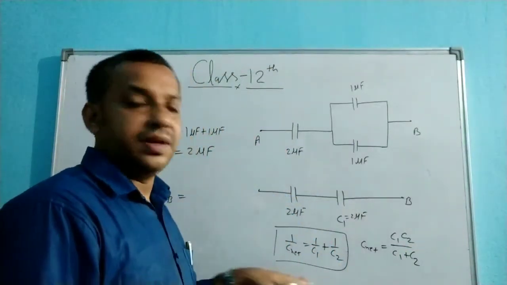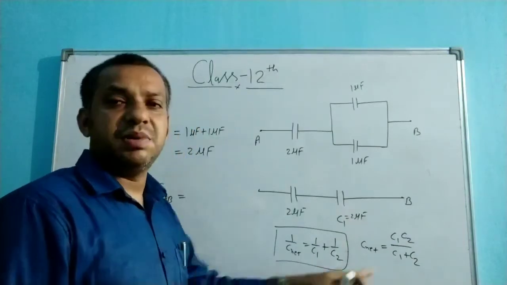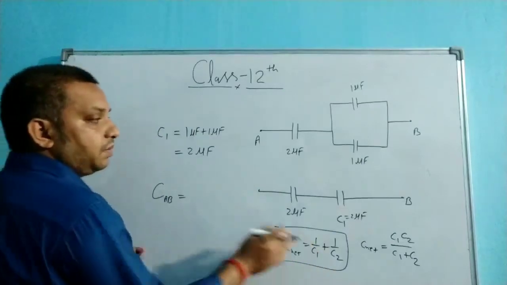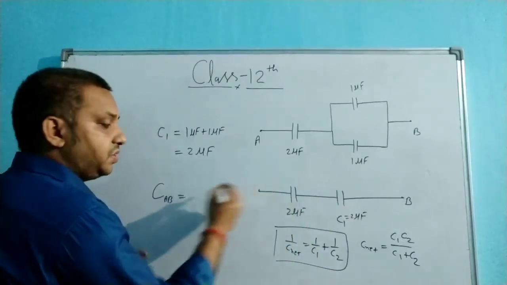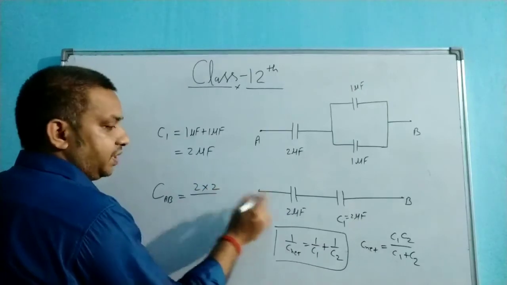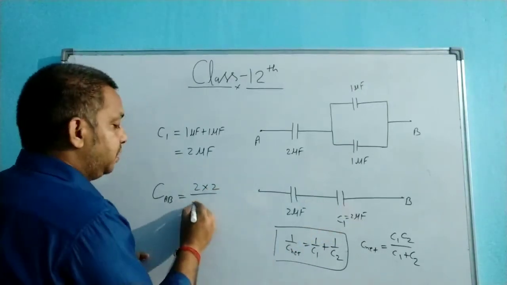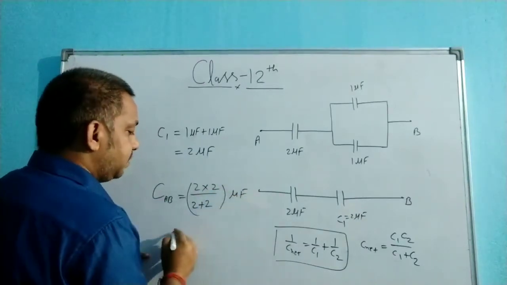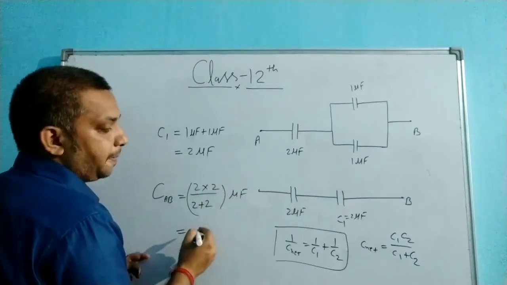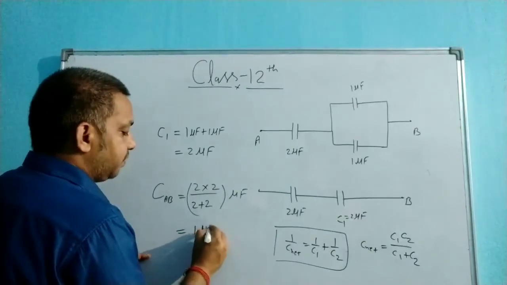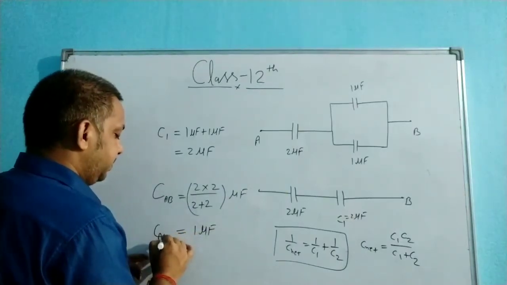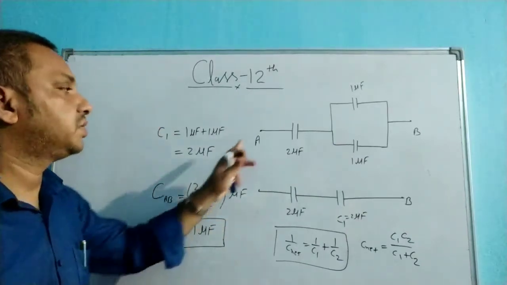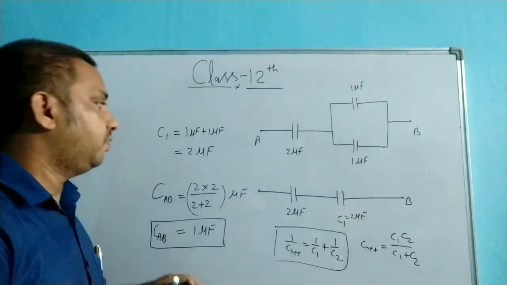If you take the LCM of the denominator and then cross multiply, you will get C net is equal to C1 C2 upon C1 plus C2. With the help of that formula, you just put the values: 2 into 2 divided by 2 plus 2. After simplification, 4 by 4, you get 1 microfarad. So the net capacitance across AB is 1 microfarad.